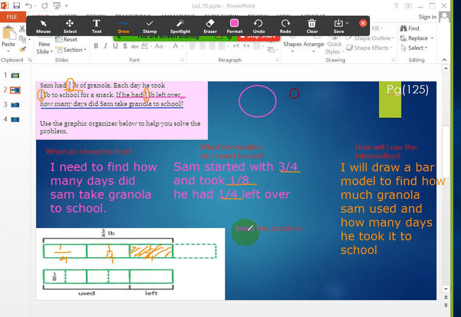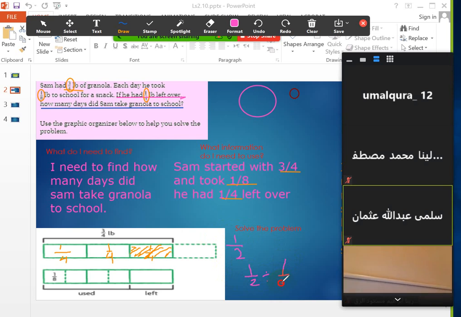Now I want to know for how many days he used this amount. I have to divide what? 1/2 by what? The amount in each day. That means 1/8, the amount in each day.